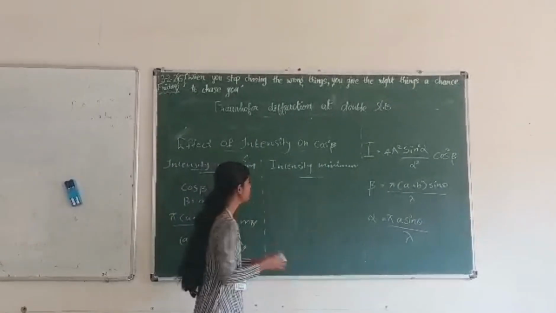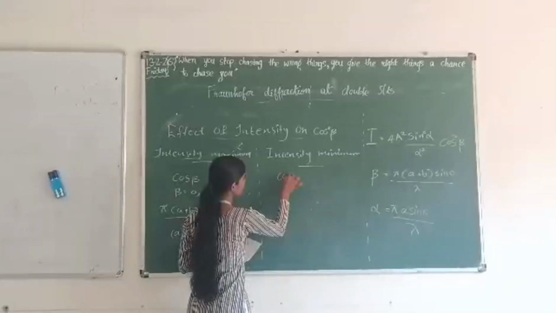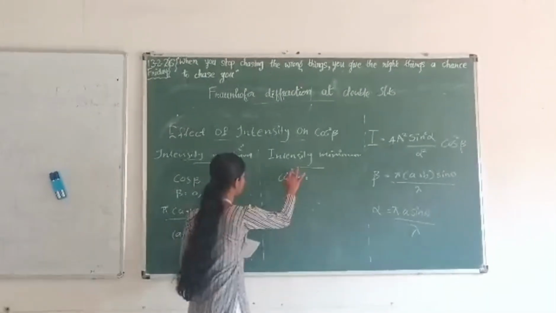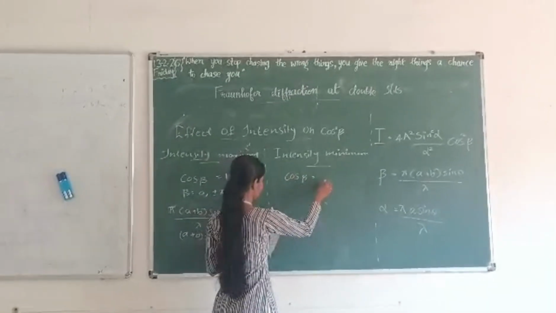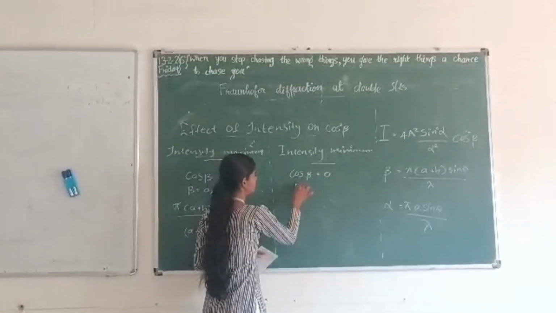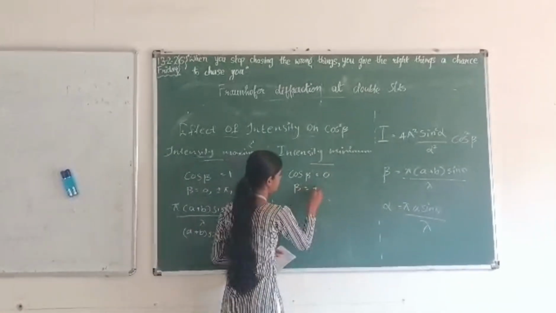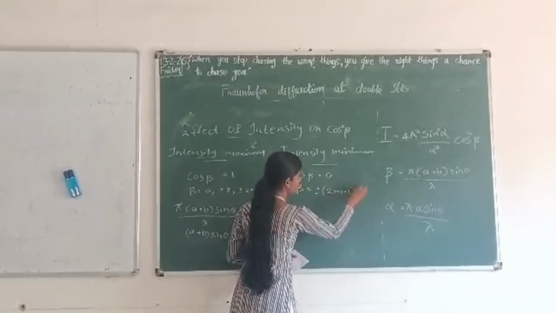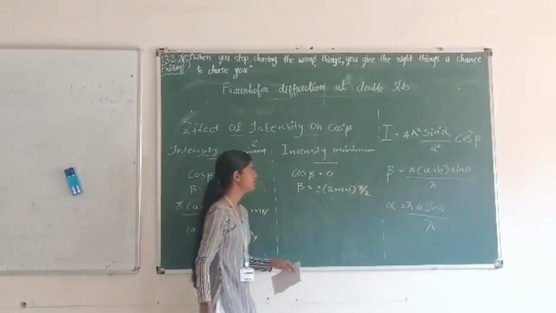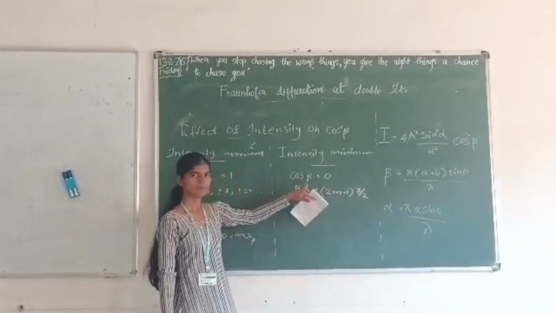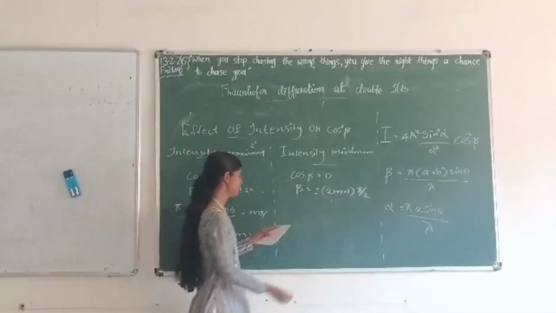Now the intensity minimum. Cos square beta minimum, so cos beta should be 0. So when beta is equal to 2m plus 1 by 2 pi, cos beta is equal to 0.